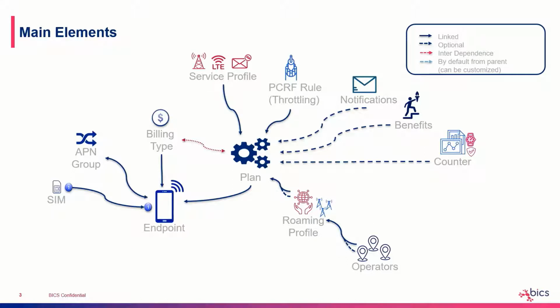Associate that roaming profile to the plan and the plan to the endpoints. If one of those endpoints tries to connect from the continent, the service will be denied. This allows you to perfectly control where your customer can use the service.